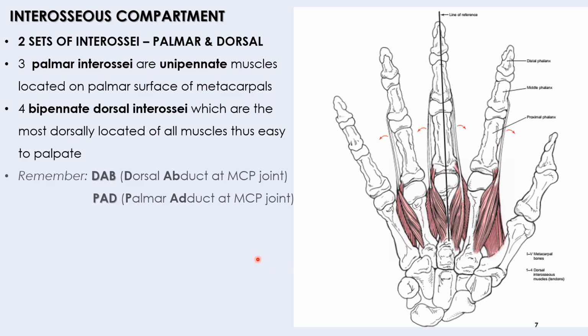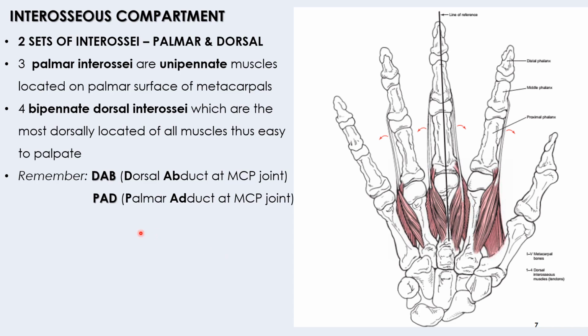So to remember their actions, we use the mnemonic DAB and PAD. DAB means that the dorsal interossae abduct at the metacarpophalangeal joint, and when we say abduct, it's like taking our fingers far apart and giving someone a high five. We're abducting when we take those fingers far apart, or when we're trying to form the number 5.